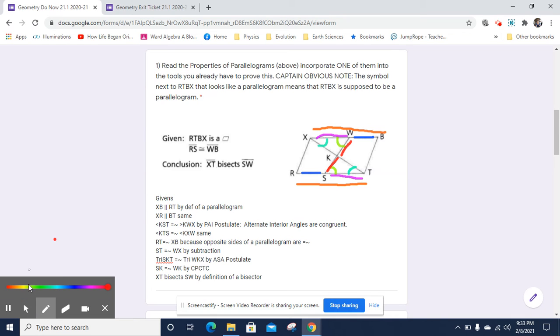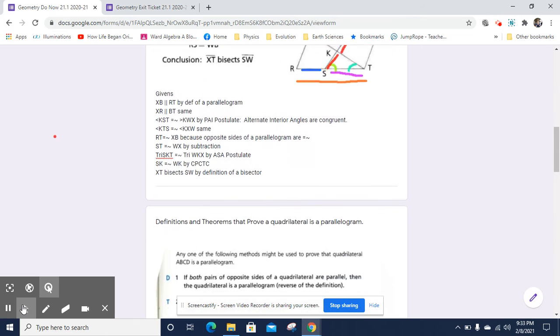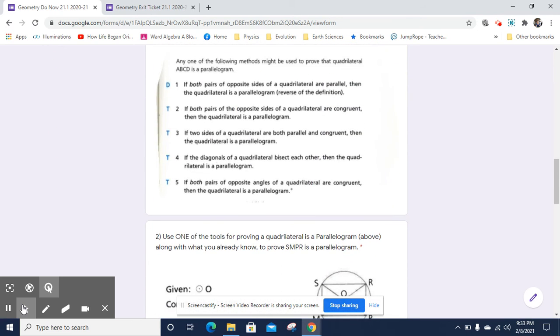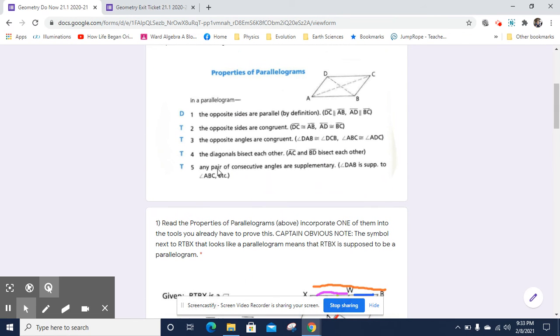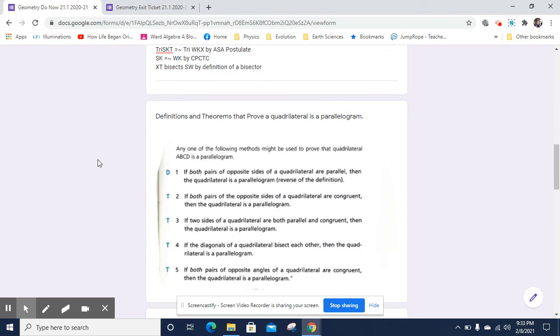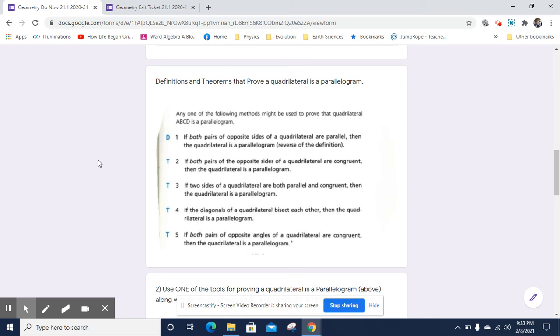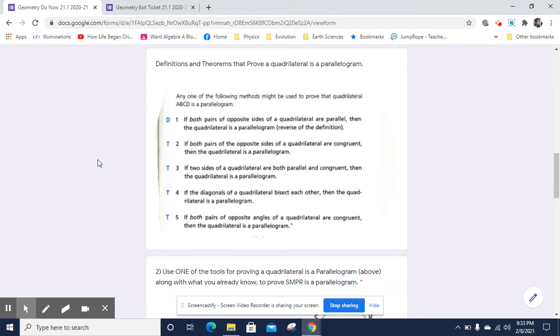Now let's take a look at the next one. So for the next one, again, let's remind ourselves what we use. We use the opposite sides are congruent. Okay, now we're going to look at the next one. We're going to be using all the properties of parallelograms in reverse to prove that a quadrilateral is a parallelogram. This is 5.6 stuff. And so we're going to need this. If both pairs of opposite sides of a quadrilateral are parallel, then the quadrilateral is a parallelogram.